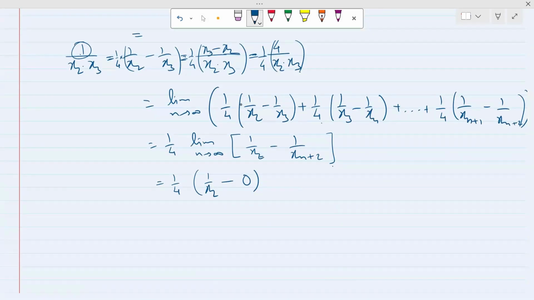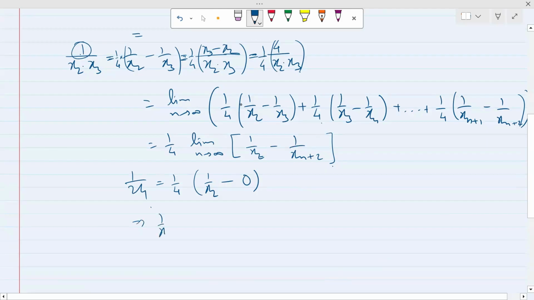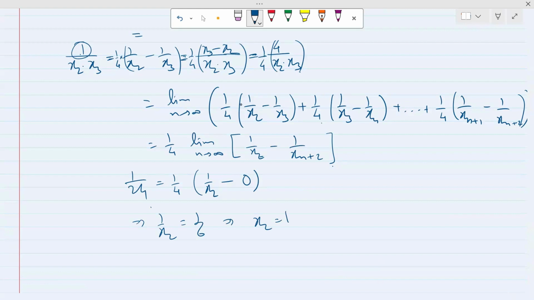So this is 1 by 24, as already given. So what do we get? 1 upon x2 is 1 by 6, so x2 is 6. We want x1. What do we know? x2 is x1 plus 4, so x1 is 2.